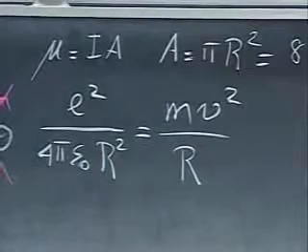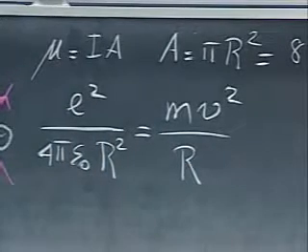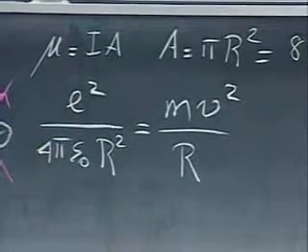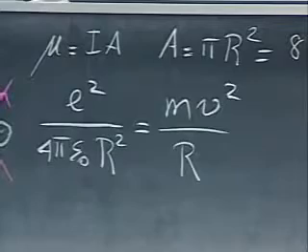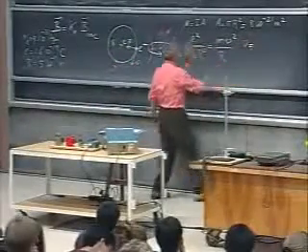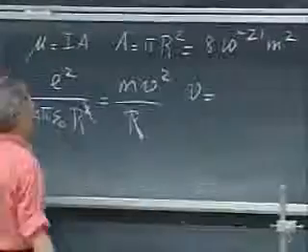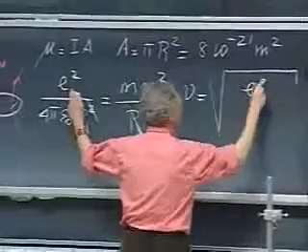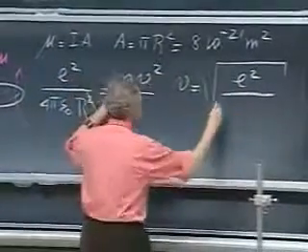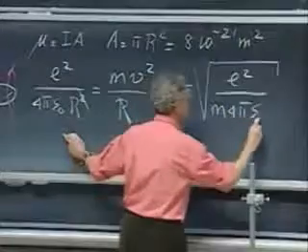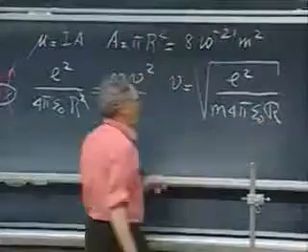And so this allows me to calculate as a first step, before we get into the current, what the velocity of this electron is. It's phenomenal. It's an incredible speed. So v then becomes, I lose 1 r, so I get the square root, I get an e squared upstairs here, my m goes downstairs, I have 4 pi epsilon 0, and I have here an r. And I know all these numbers.